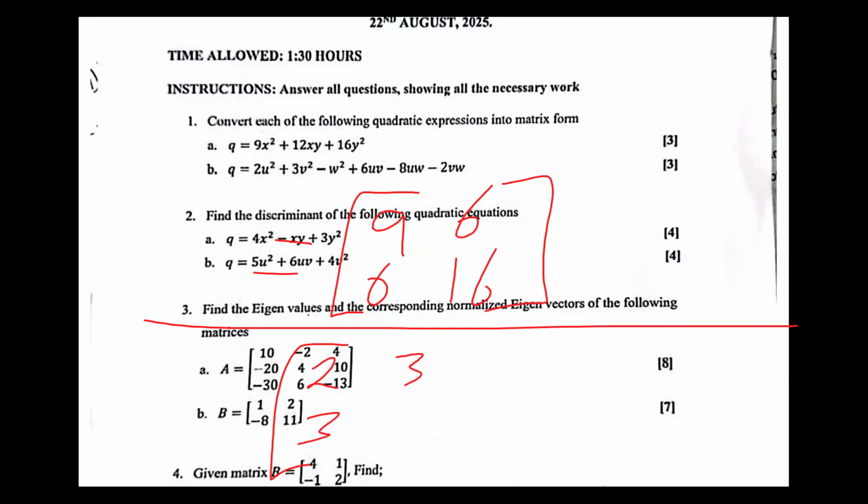Okay. And 1, negative 1. No, this is a 2. This is a 2 by 2, sir, not a 3.